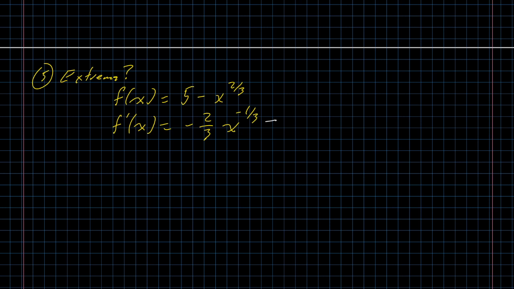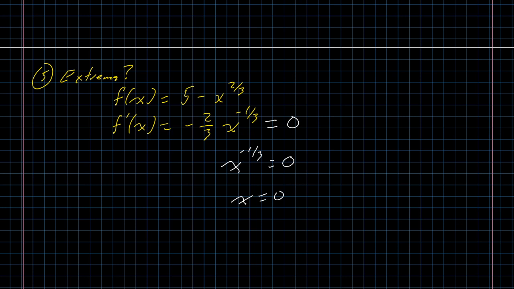And critical points are places where this is equal to 0. Divide both sides by negative 2/3. We get that x to the negative 1/3 is equal to 0. And x raised to a power is equal to 0 if and only if x itself is equal to 0.